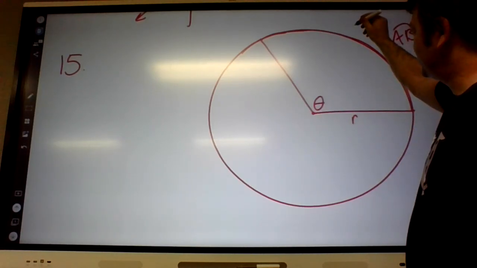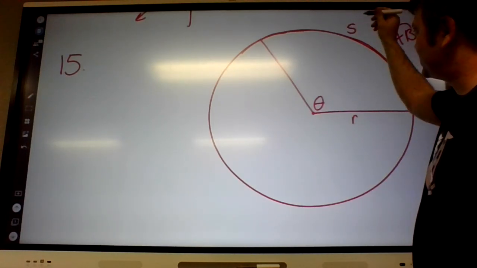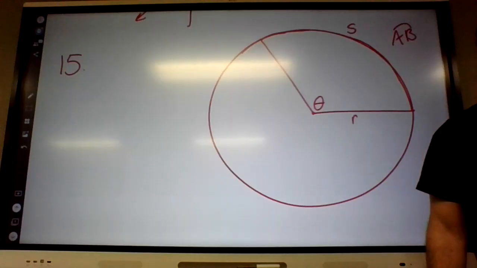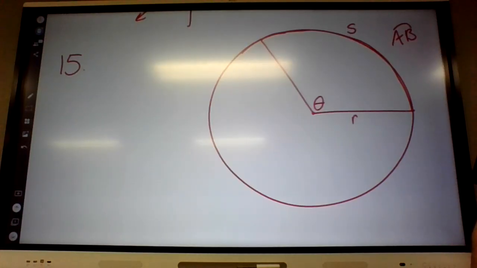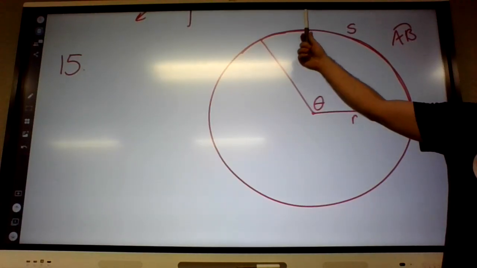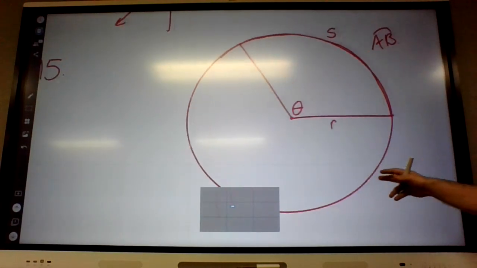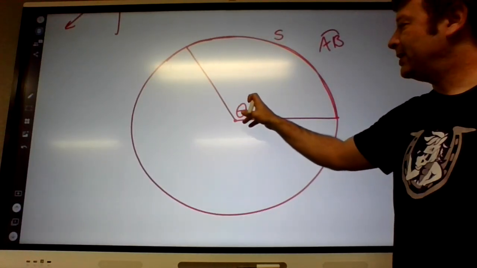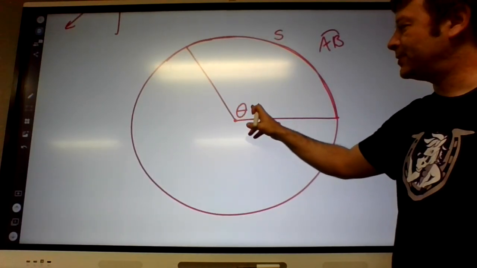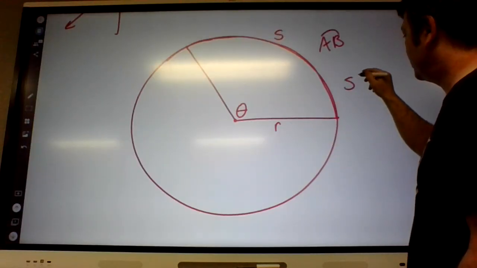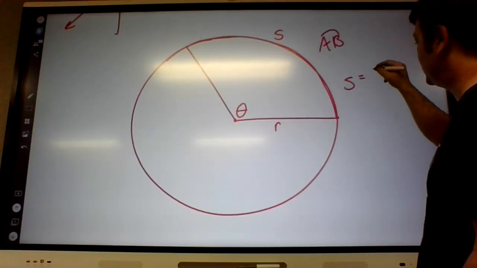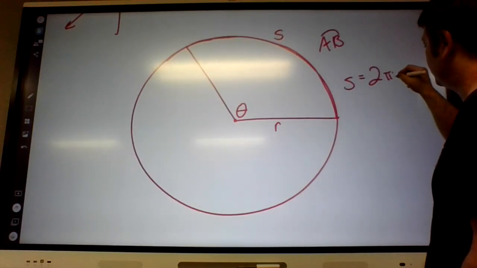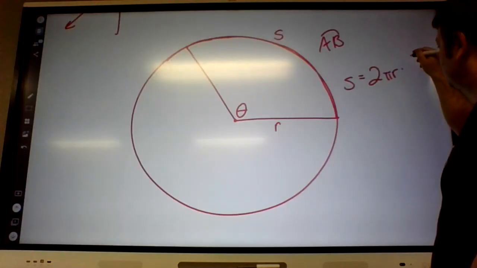For some reason they use s to stand for arc length. If we were using degrees for this central angle, the formula would be the circumference times theta over 360.